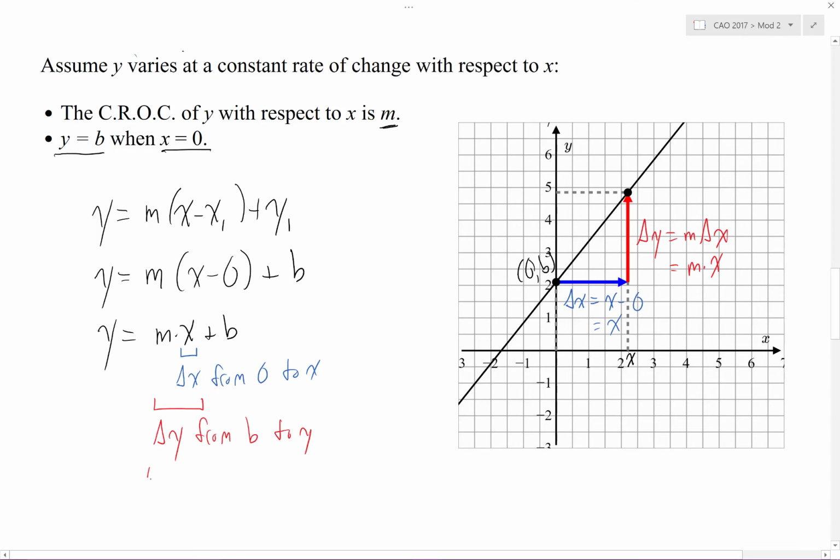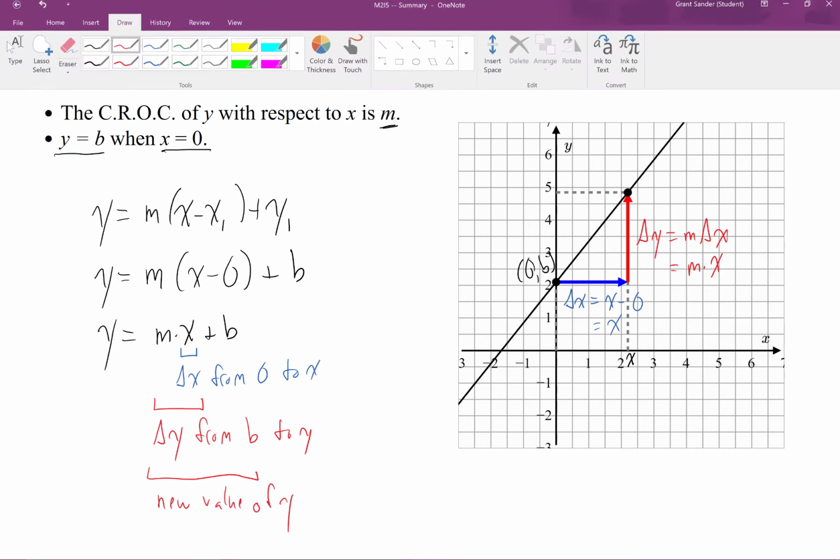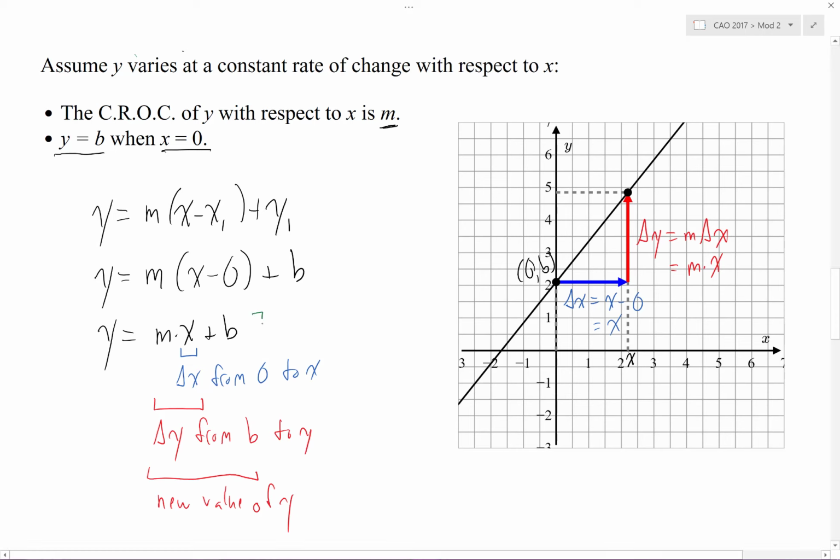And when we take that change in y and we add it to our initial value of y, we get the new value of y. Now, this form of a linear function, y is equal to mx plus b, is sometimes referred to as the slope-intercept form.